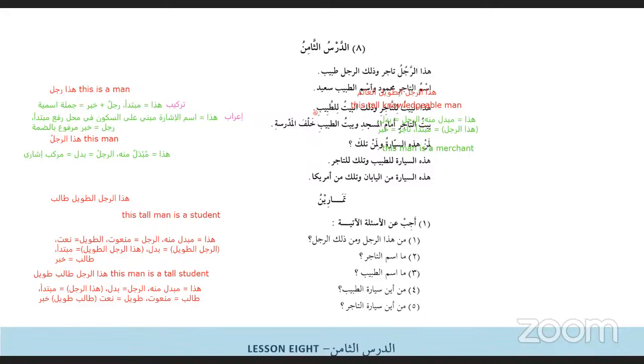Why are you saying رجل? I knew you were going to say مبتدأ, but that's wrong. وذلك الرجل. You're saying الرجل is مبتدأ, that's why it's مرفوع. ذلك is مبتدأ.